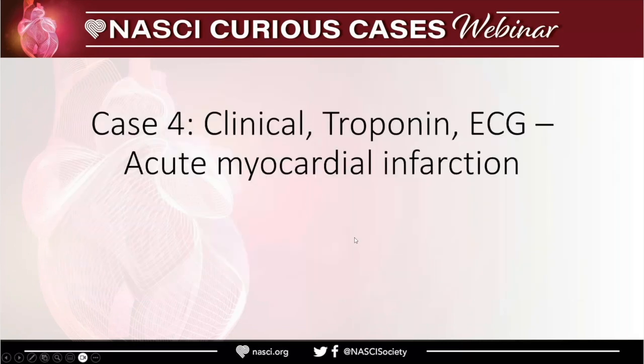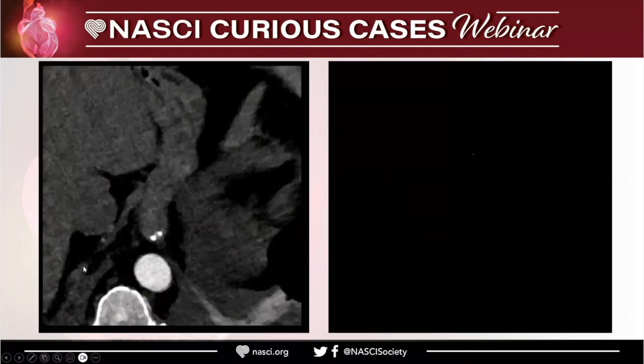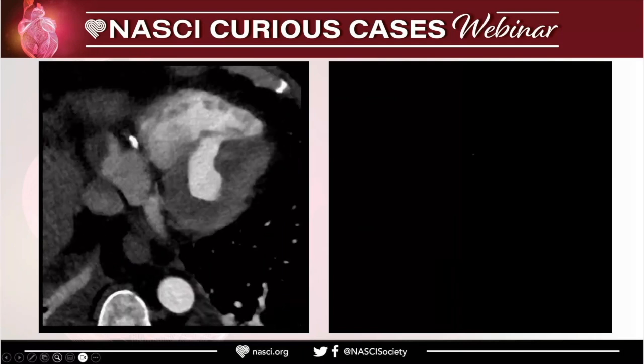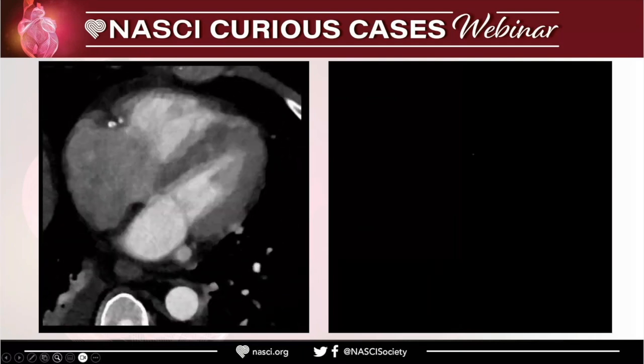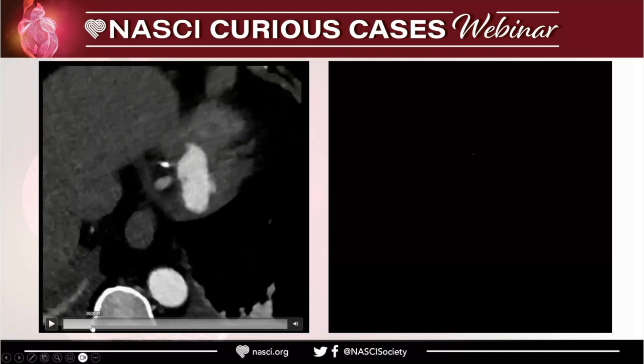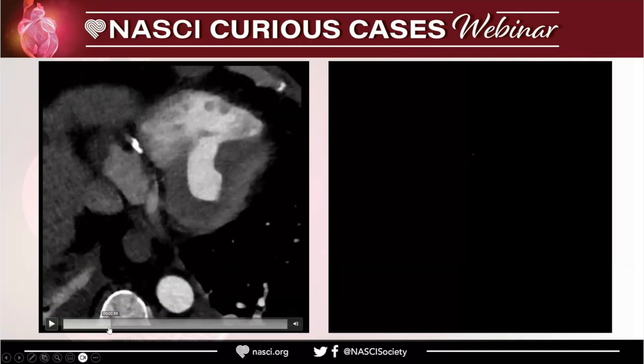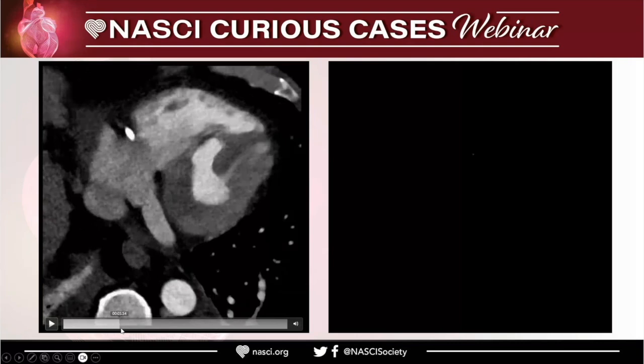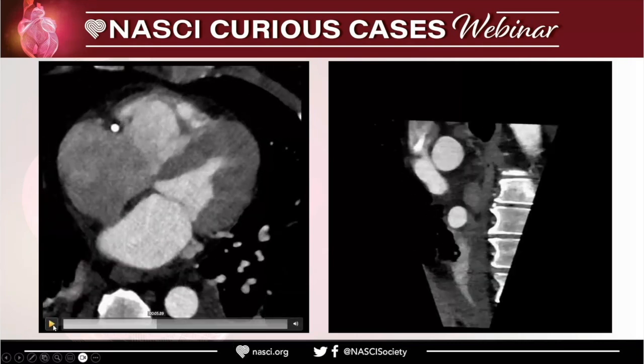Okay. So I have little time. This was an acute myocardial infarction patient. So we know the acute myocardial infarction diagnosis. We have these axial images. I start here, go, go, go, and then we started that one.